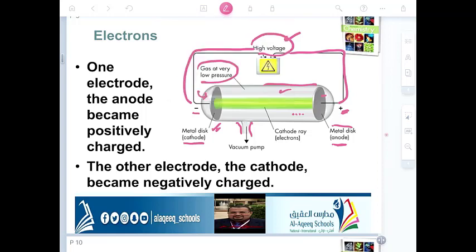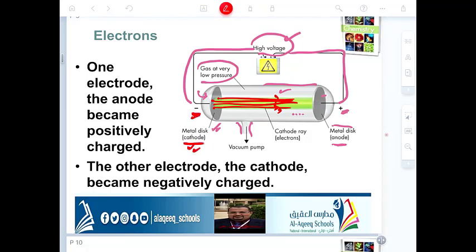Because this end is the negative end, or cathode, he found a beam of charge transferring from this end to the other end. This beam was called cathode rays because it is emitted from the negative electrode, the cathode.